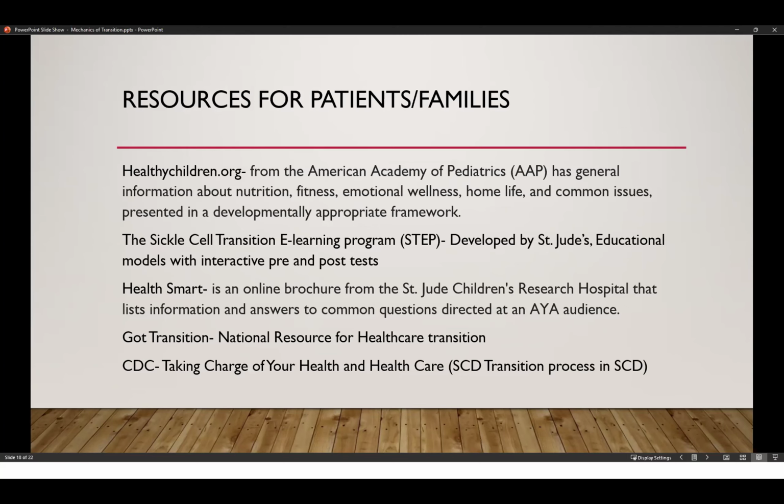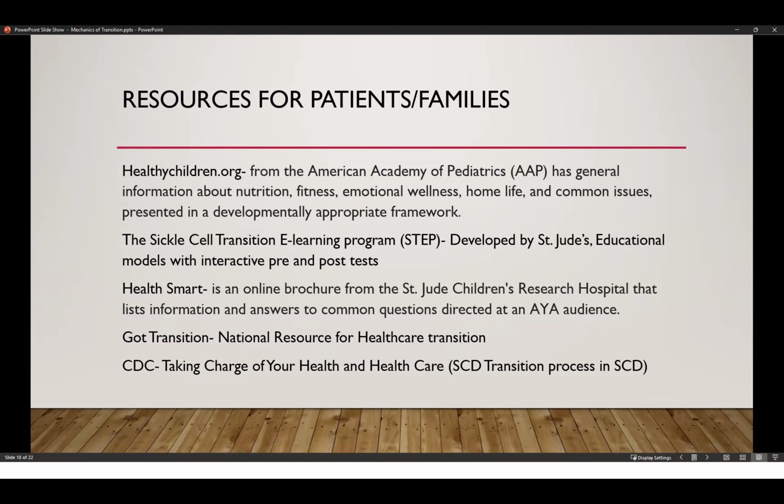So talking about all these interventions and things we can do to improve transition, there are resources available for patients and their families, and these are listed here. So the Healthy Children Organization is from the AAP, and it has all this information about everything you can think of that can help your patient or your family member. And then the Sickle Cell Transition e-learning program developed by St. Jude's.